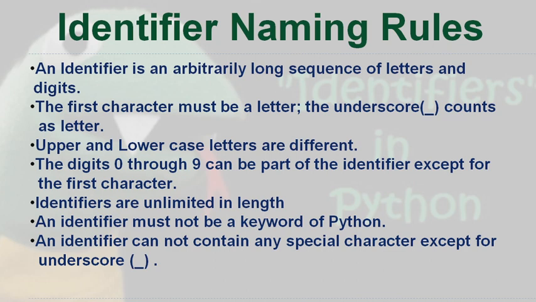Third, we can use digits 0 to 9 here, but not at the first place, meaning your identifier should not start with a digit. The length of an identifier is unlimited. An identifier must not be a keyword of Python. We have seen the keywords, and we cannot use a keyword as an identifier. And only one special character can be used in an identifier, that is the underscore. No other special character is allowed.